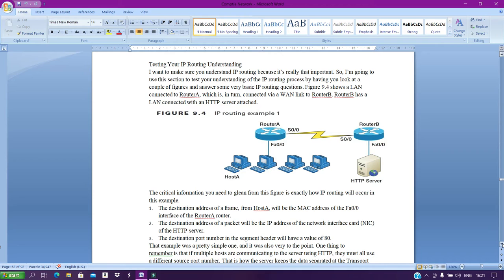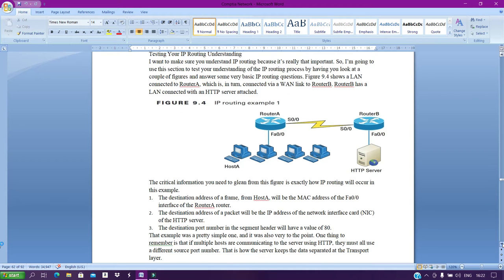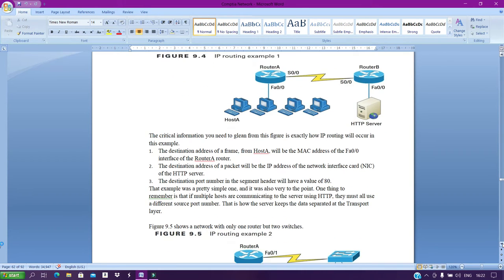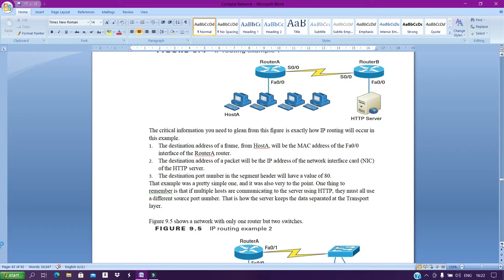Figure 9.4 shows a LAN connected to router A, which in turn is connected via a WAN link to router B. Router B has a LAN connected with an HTTP server attached. The critical information you need to glean from this figure is exactly how IP routing will occur in this example.